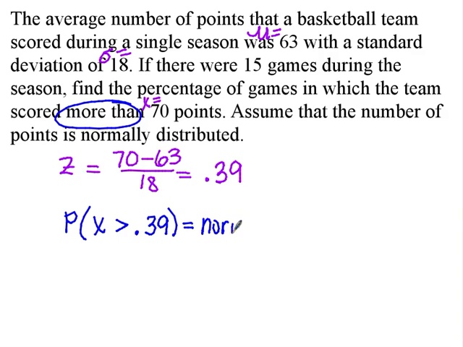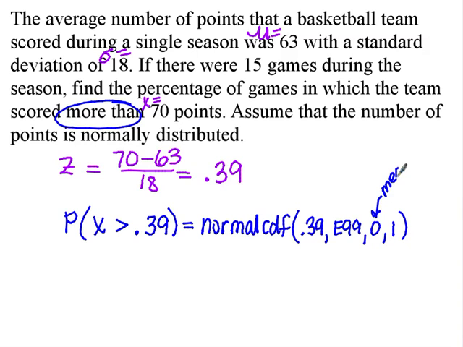Now, if it's greater than, what's going to be my first number I'm going to put here? 0.39, comma E99, comma 0, comma 1. The 0 implies your mean, it'll always be 0, and the 1 implies your SD.